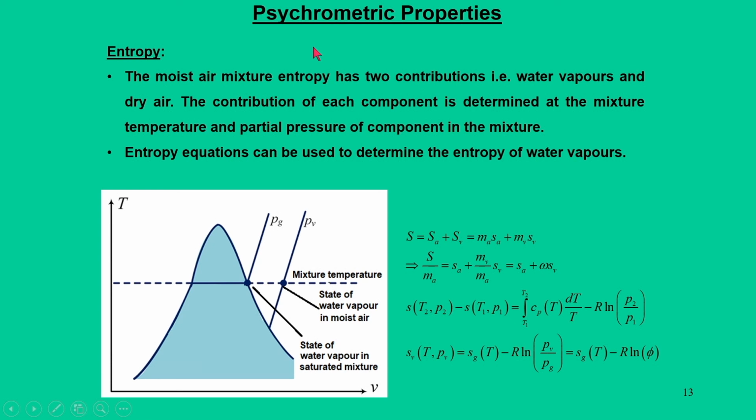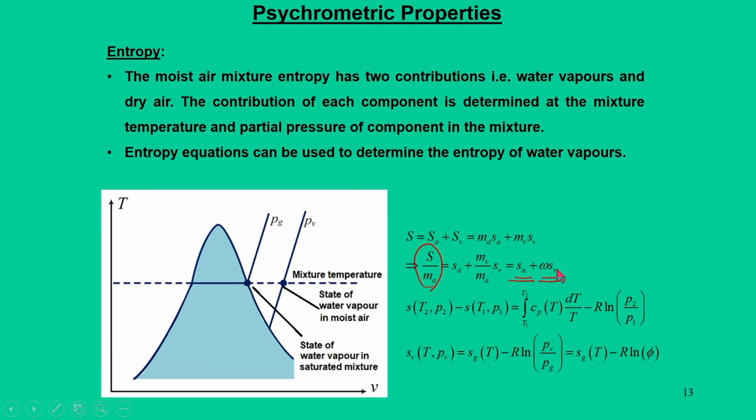In the same sense, the entropy of the mixture per unit mass of dry air is S by Ma. It has two components: Sa for dry air, and omega times Sv for the water vapor component. Here the important aspect is how to find Sv, the entropy of water vapor. Of course, the dry air component can be found in a similar way as in thermodynamic analysis.